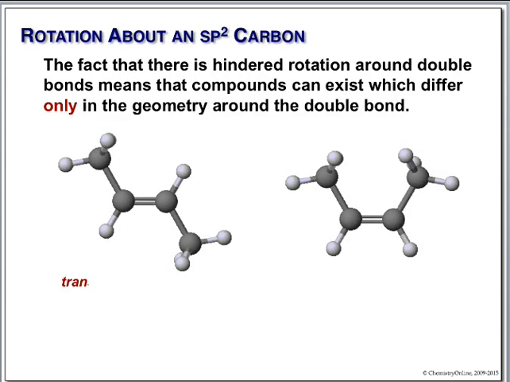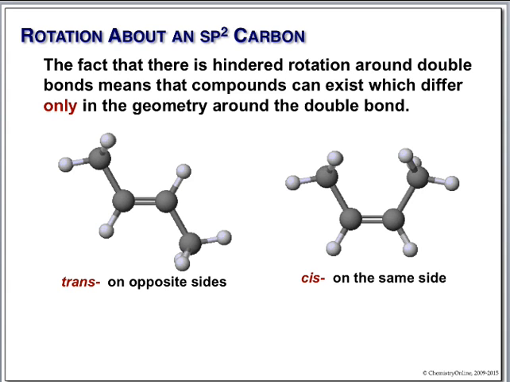This gives us the chance to make stereoisomers. These are two butenes. In this one, we have the methyl groups on opposite sides, and we can use the word trans to describe that.